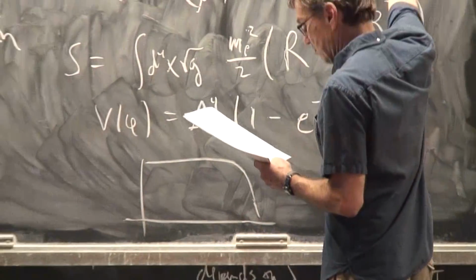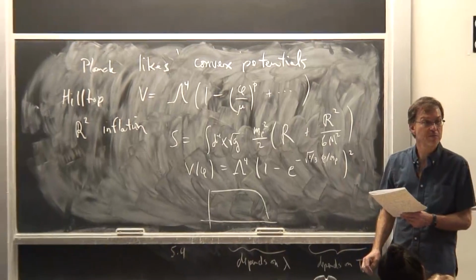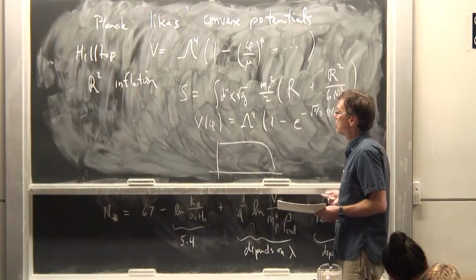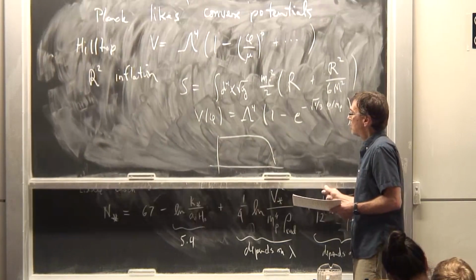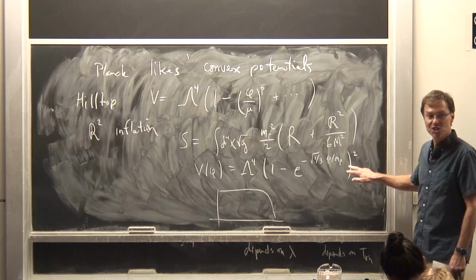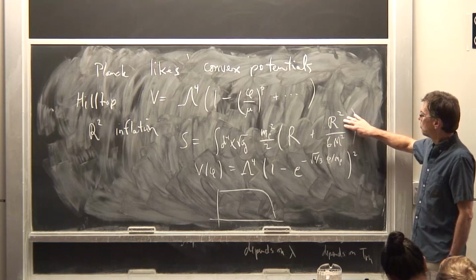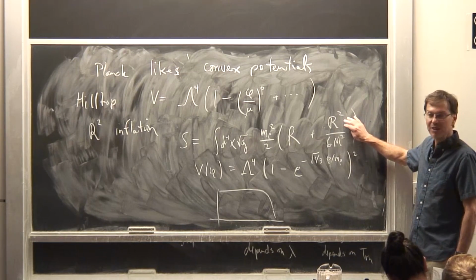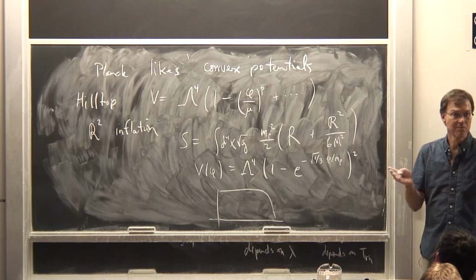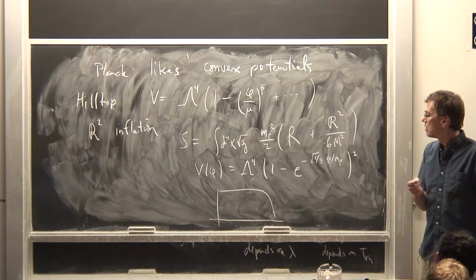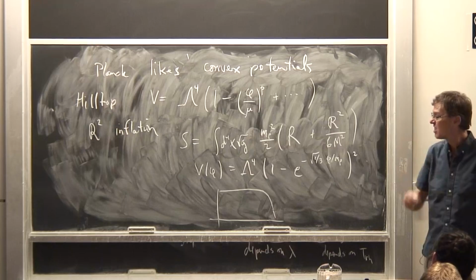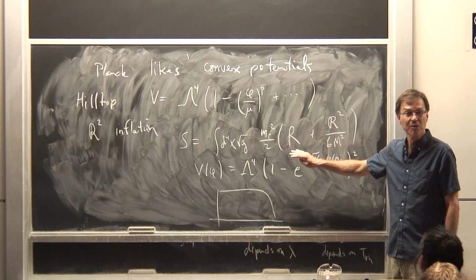So that's not a dynamical... I'm sorry? You say that's an auxiliary field, it's not a dynamical. Well, it is dynamical because essentially what you've done when you make this replacement is when you add r squared to gravity, it adds extra degrees of freedom, a scalar degree of freedom to gravity, which is not present in Einstein gravity.